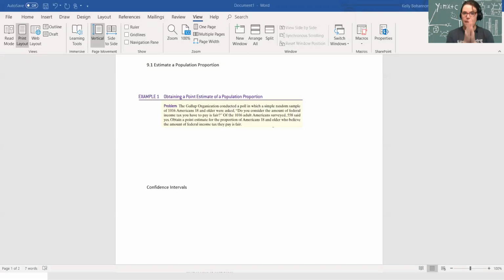I'm basing that interval on the fact that I've taken samples, and so I know for a fact I am not going to get an exact value. You can't. Anytime you take a sample from a population, you are going to have what we call a margin of error.